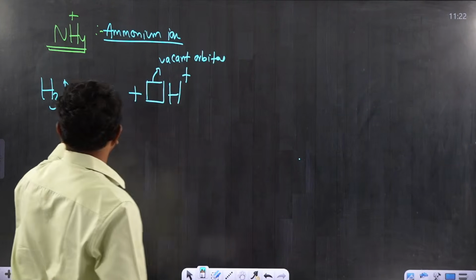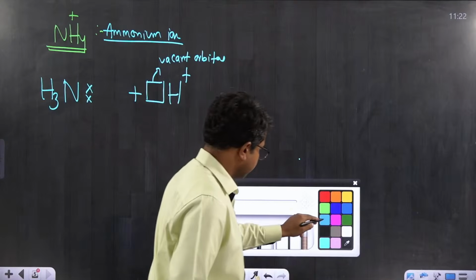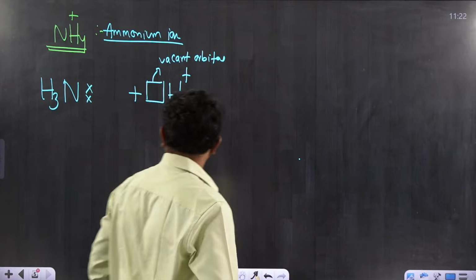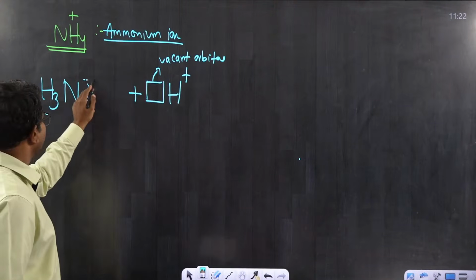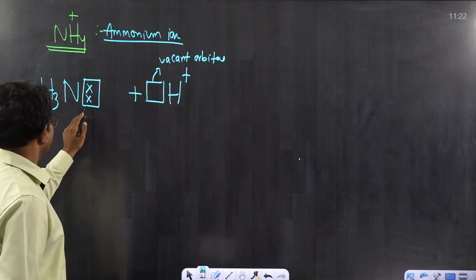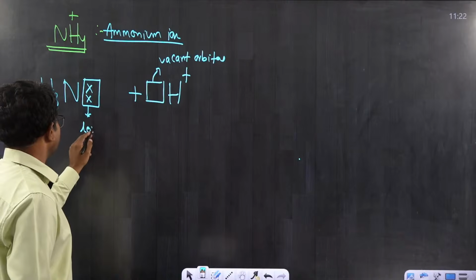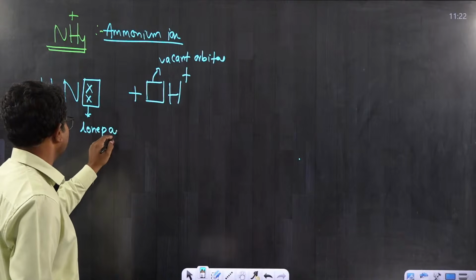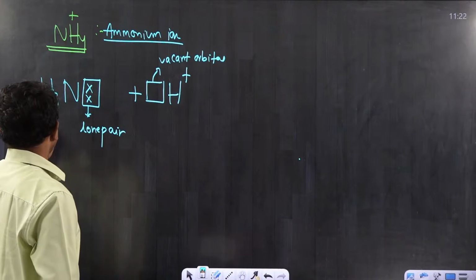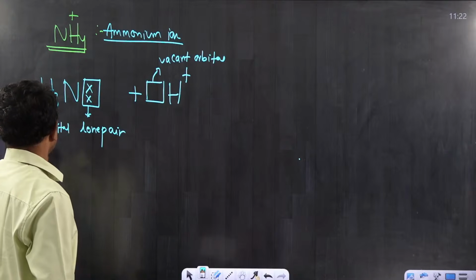If I am talking about ammonia, in ammonia one of the orbitals is with a paired electron. This is called the orbital with a lone pair.